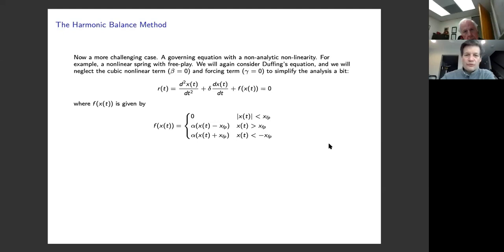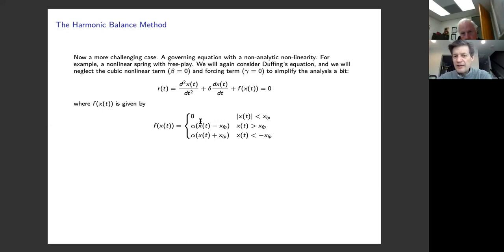And so what we'll do here again is we'll consider Duffing's equation, and to simplify things a bit, we'll neglect the cubic nonlinearity term as well as the forcing term. And we'll say now, instead of the stiffness being just alpha times x of t, it's going to be a function, f of x of t. So our governing residual has this form here, and the stiffness term is now given by this function, where if the solution x is within a small region around 0, there's going to be no stiffness.